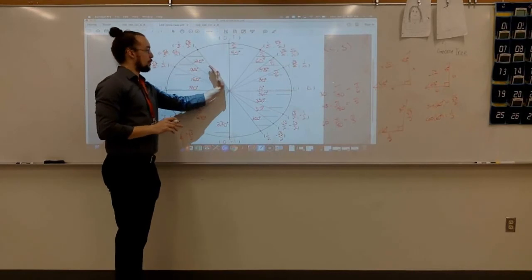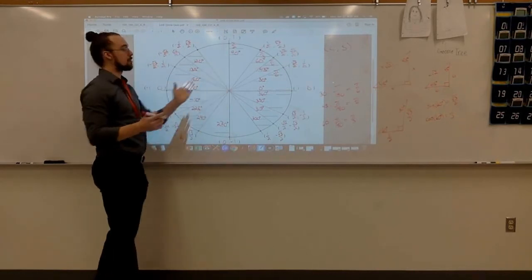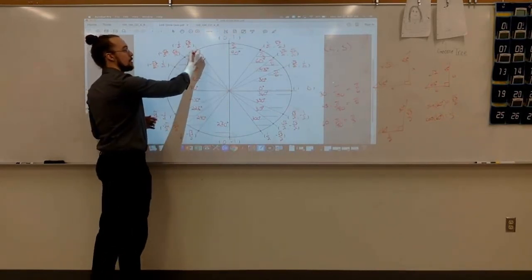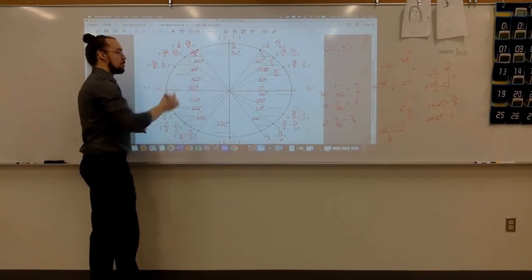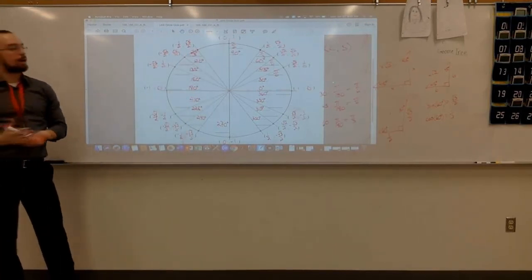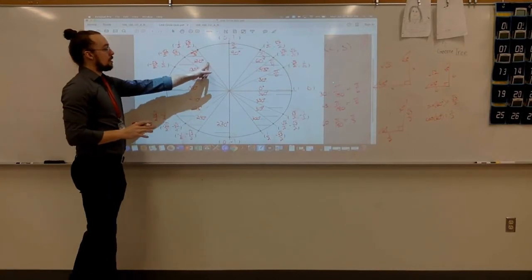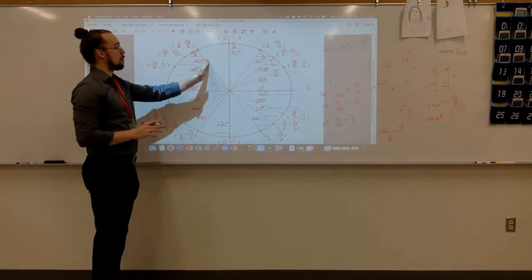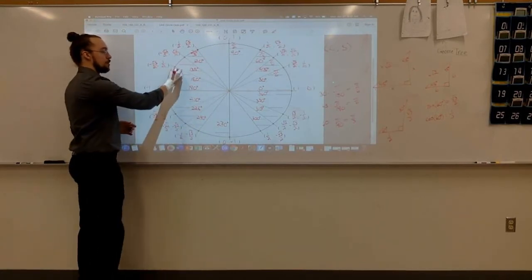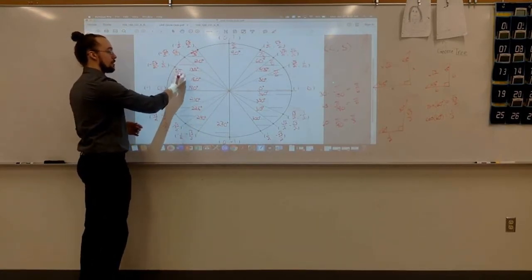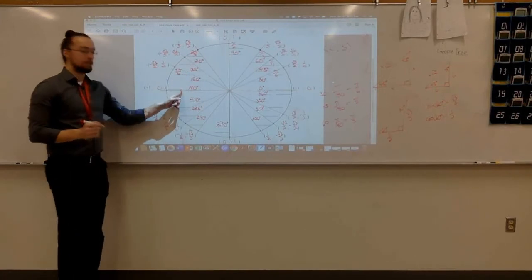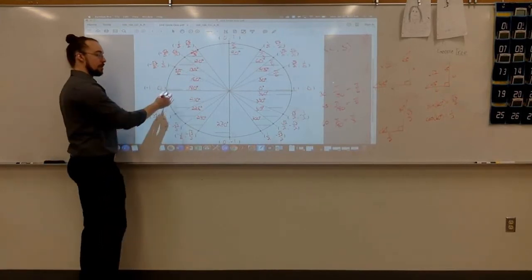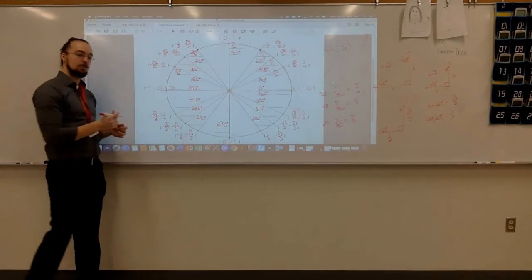Then another 30 degrees would be 4 pi over 6, which reduces to 2/3 pi, or 2 pi over 3. Then if I go another 30, I'll end up here. So this was 4 pi over 6, and this one's going to be 5 pi over 6. Another 30 would be 6 pi over 6, which is just 1 pi.